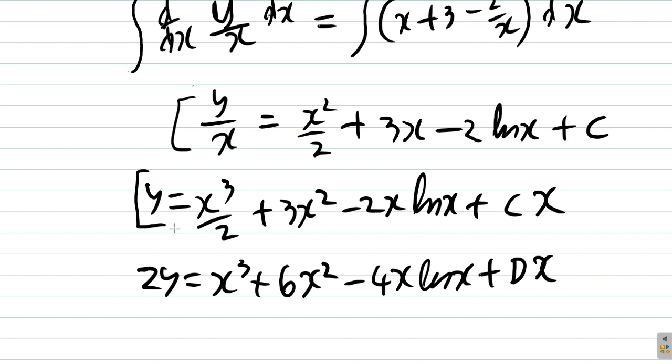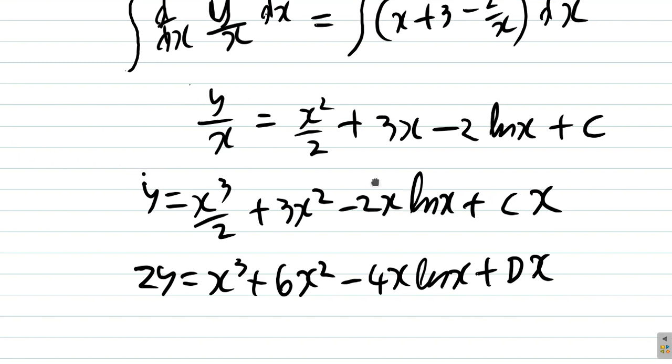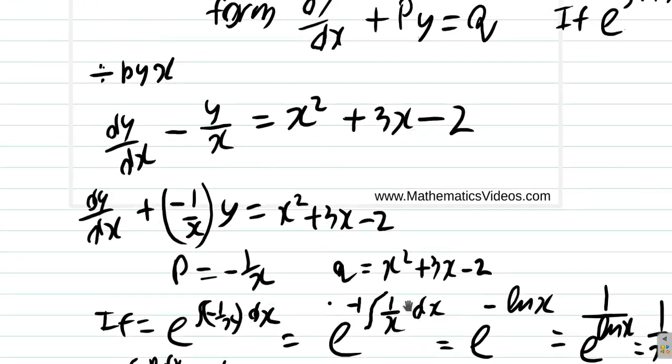A bit neater here. You wouldn't necessarily have to go all the way down to this step, right? You could stop here, or even here, right? I'll give you the full mark for reaching that point, because you showed that you know what you're doing once you reach that point. Alright? So you showed your competence in solving this type of equation.